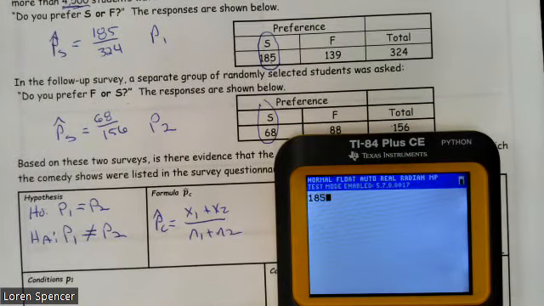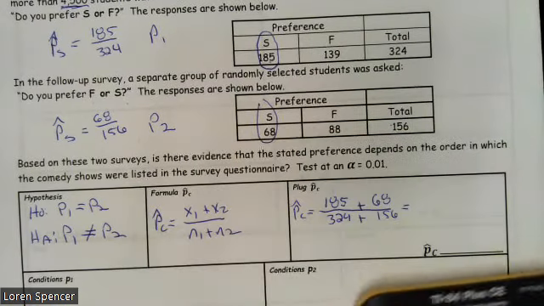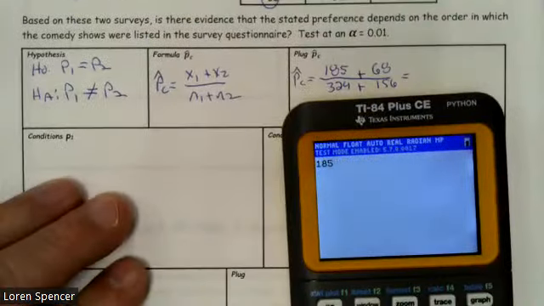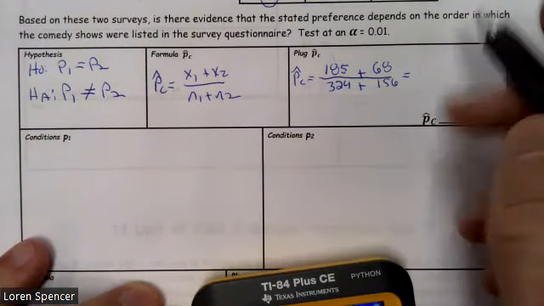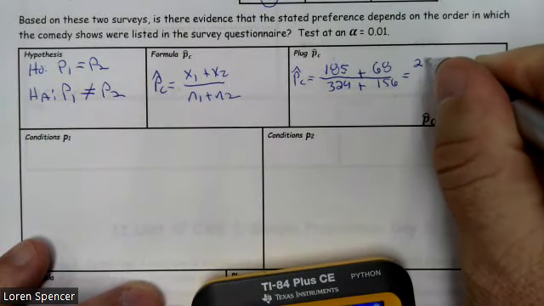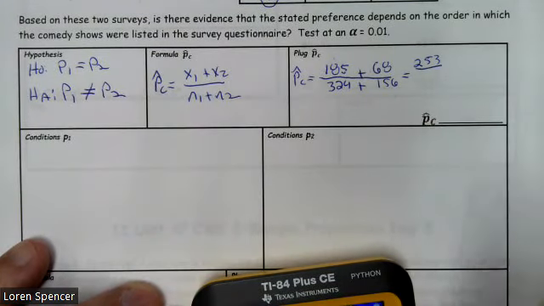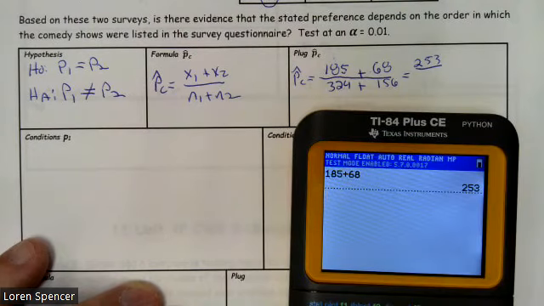185 plus 68. So 253, that's my numerator. Over my denominator of 324 plus 156.